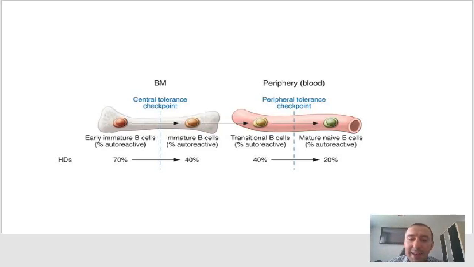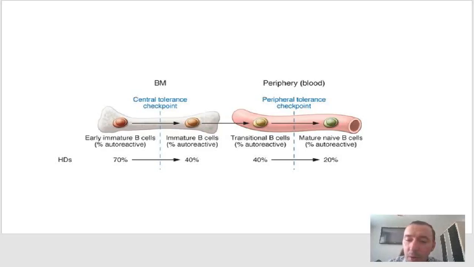This should highlight the difficulty in picking up these autoreactive B cells. The interesting thing is that it's estimated that around 20% of B cells that then exit the spleen and travel to the peripheral lymph nodes are still autoreactive.